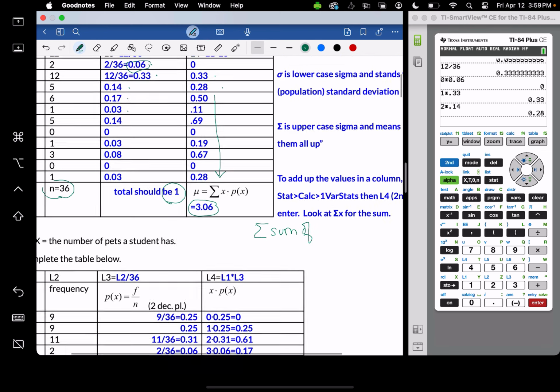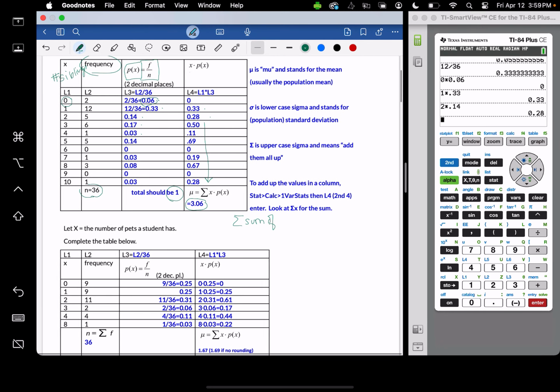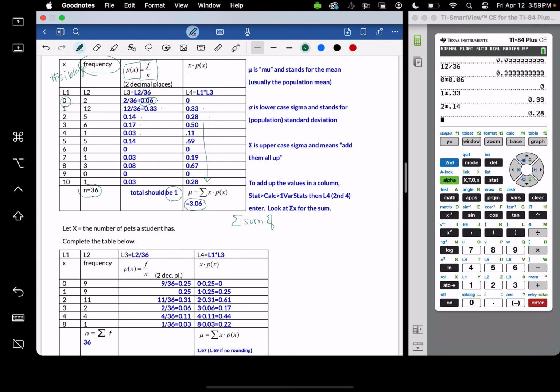This Greek letter mu stands for the mean, and usually mu represents the population mean. So I just explained to you the process of doing this by hand. I can actually have you do this whole process on the calculator, and that's what I'd like to show you next.